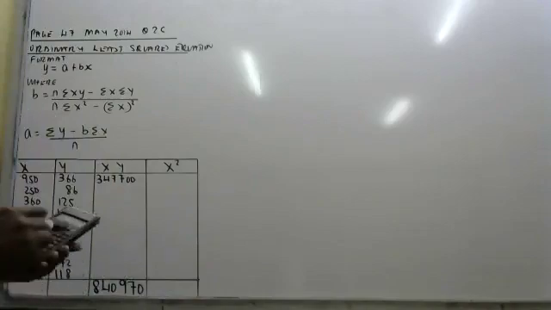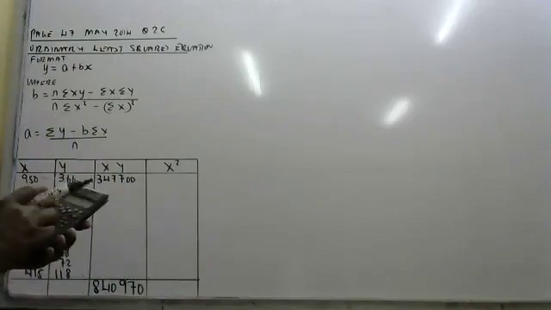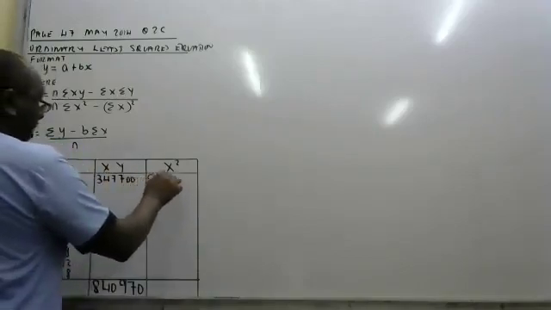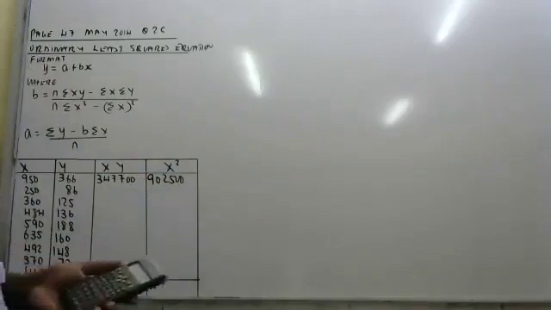Then when it comes to x squared, you say 950 squared equals 902,500. Again, you don't have to write everything.